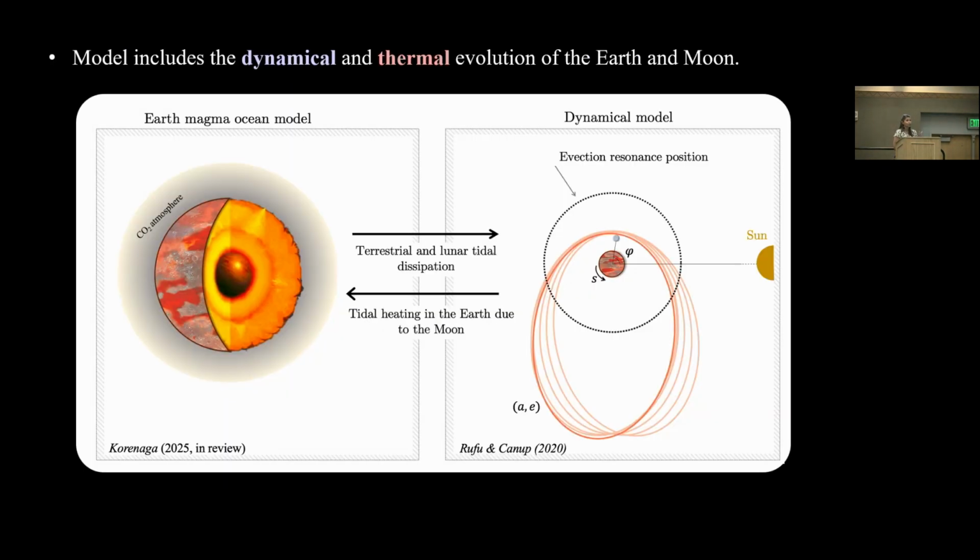So really, in order to understand whether evection resonance is efficient in order to remove angular momentum from the Earth-Moon system, you really need to do the thermal evolution of the Earth together with these dynamical tides, and also do the thermal evolution of the Moon.